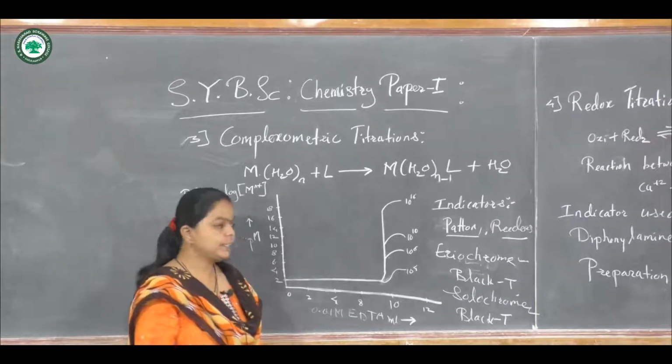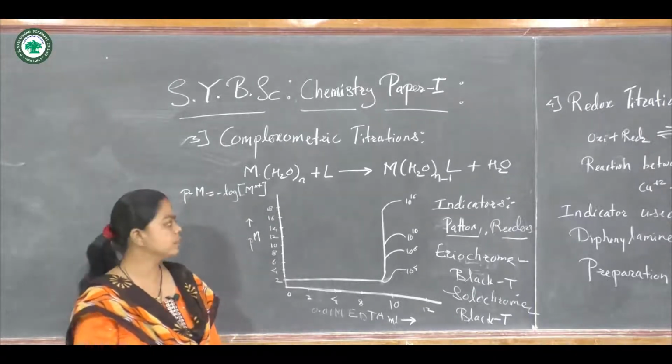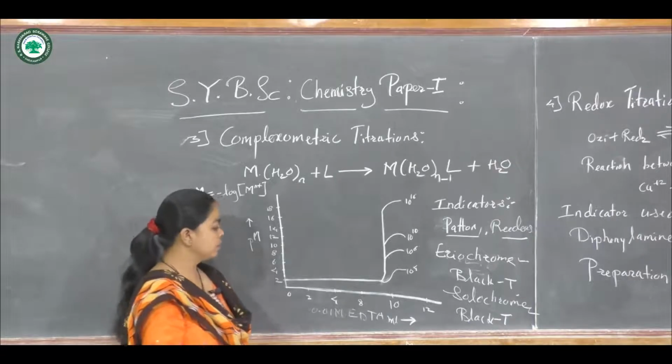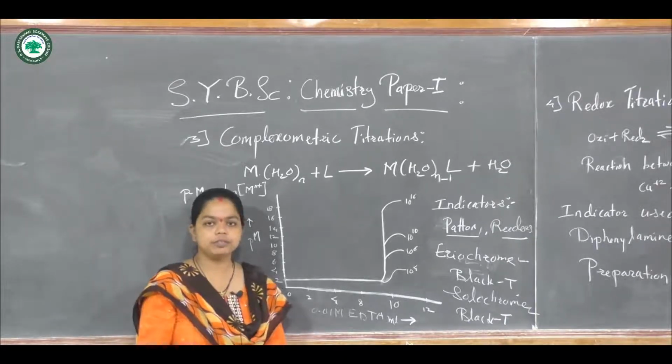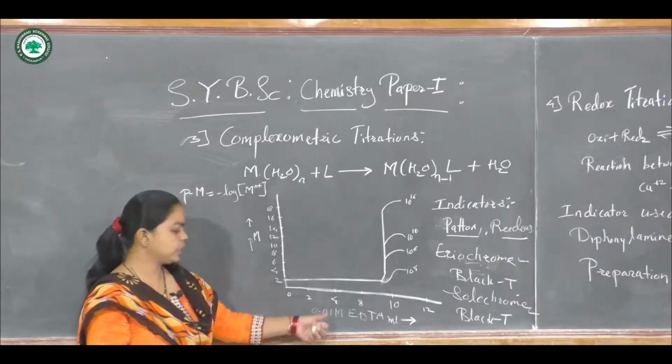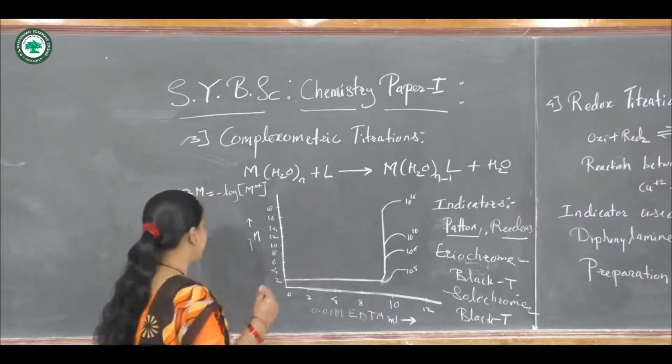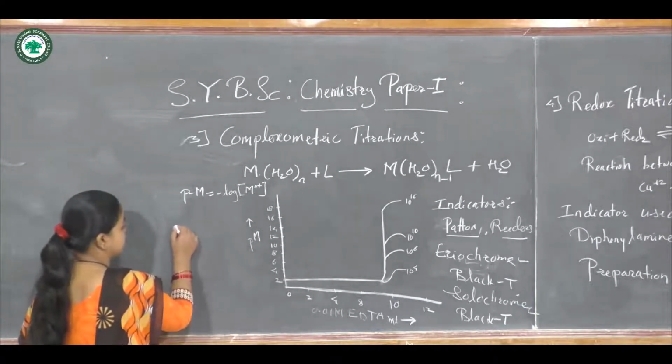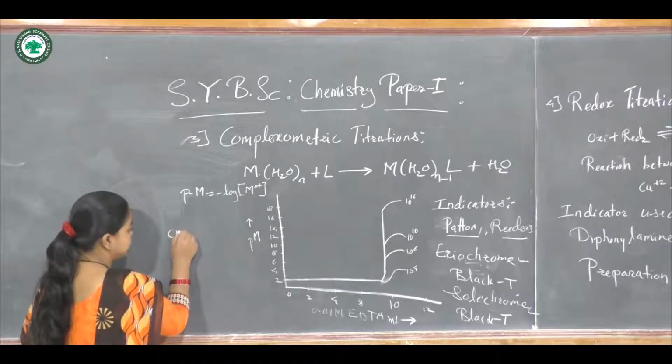Now this EDTA is a very important chelating agent. After this graph, we will see the structure of this EDTA. It is ethylene diamine tetraacetic acid, EDTA.